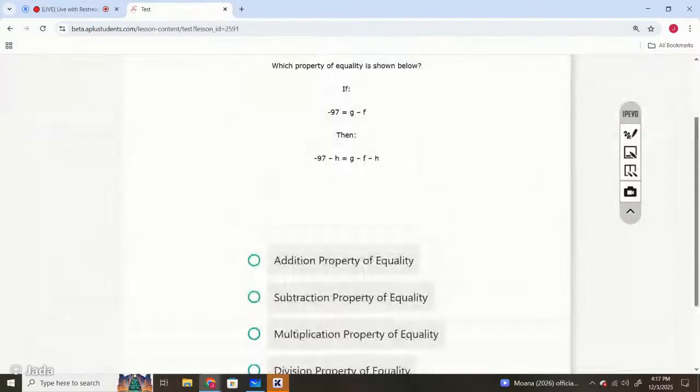Which property of equality is shown if negative 37 is equal to G minus F?